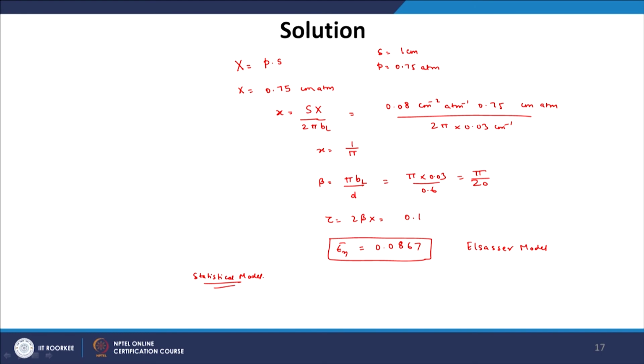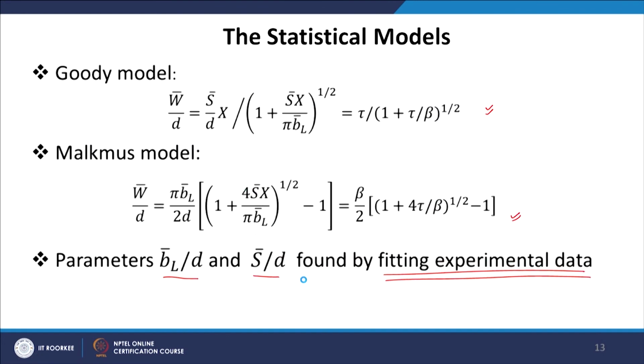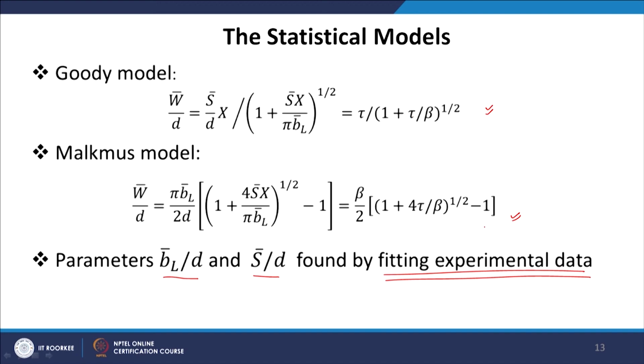We use the Malkmus model here. Let me show you the formula. We have a homogeneous path, so the emissivity is 1 minus exponential of minus w by d, where w by d is given by beta by 2 times the quantity 1 plus 4 tau upon beta, to the power half, minus 1.